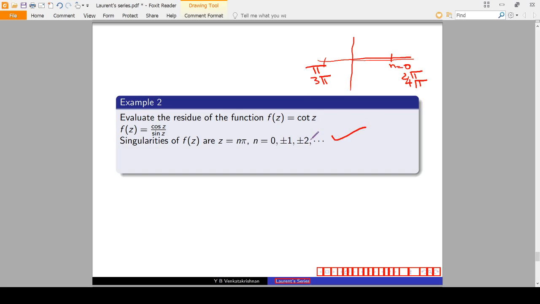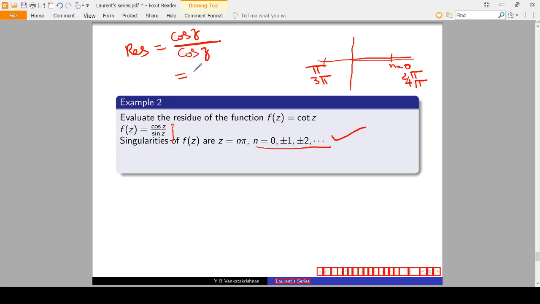So singularities of f of z are n into pi, where n takes the value 0, plus or minus 1, plus or minus 2, and so on. And moreover, I have rewritten it in terms of the rational function cos z by sin z. So residue will be cos z divided by the differential of sin z, again this will be cos z.